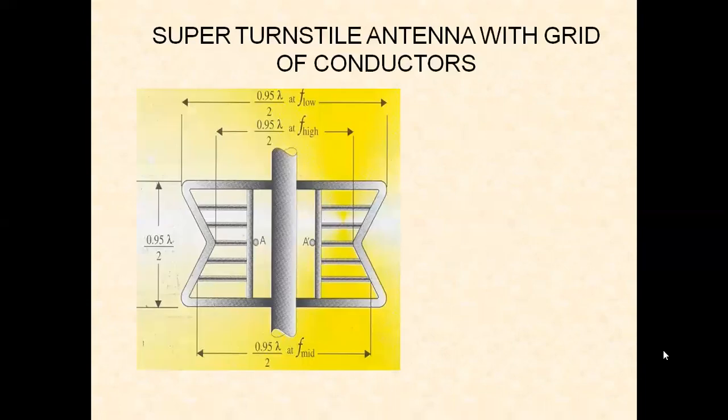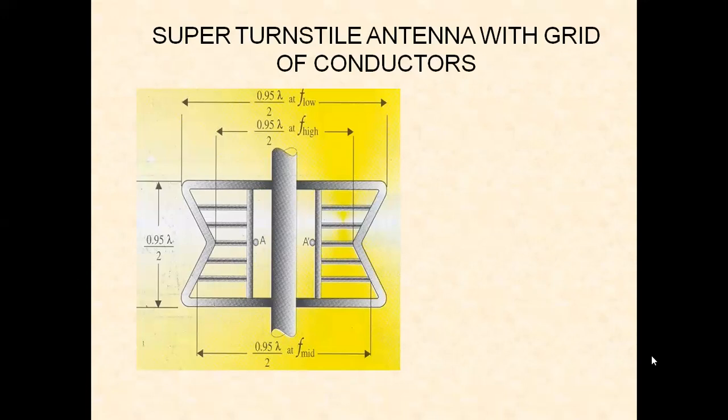Now we have the super turnstile antenna with a grid of conductors instead of sheets. To withstand wind pressure, we are making use of this grid type of conductors. Grids are provided. It is a sheet. Here this is hollow, and then there are grid type of conductors to make it withstand the wind, because this antenna is located outside.